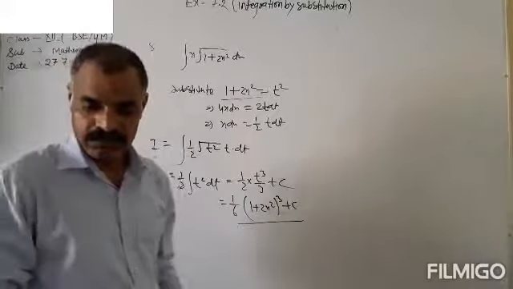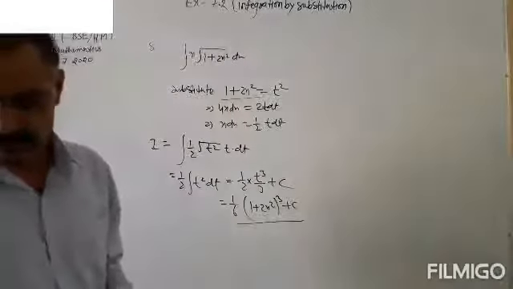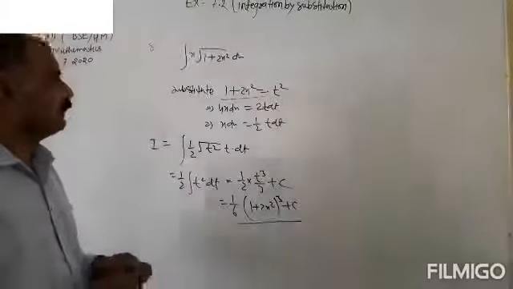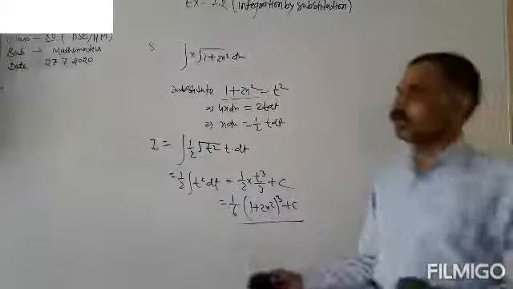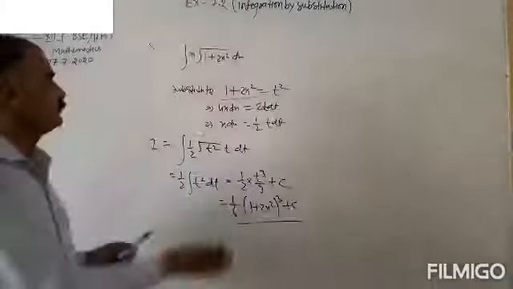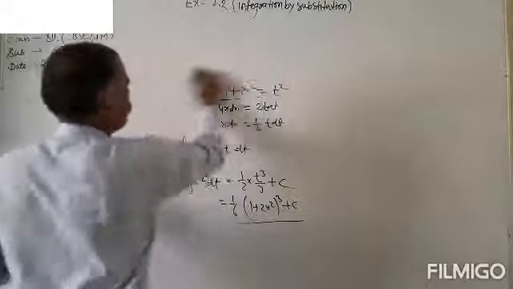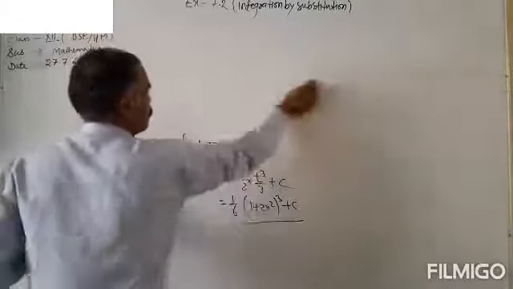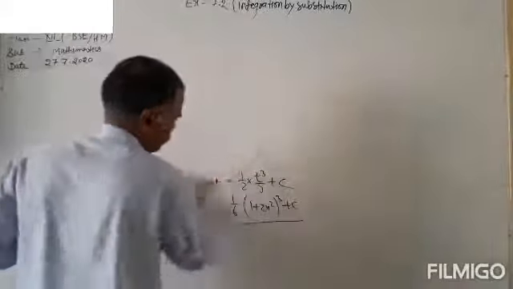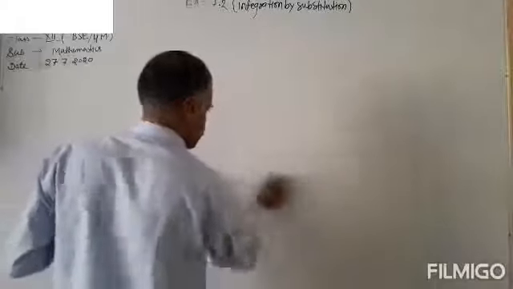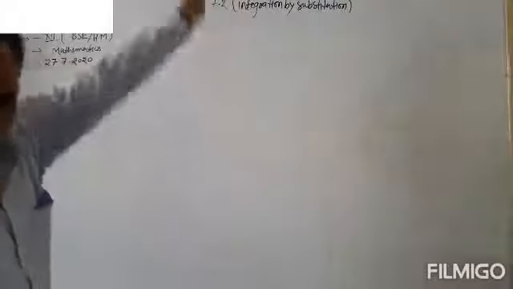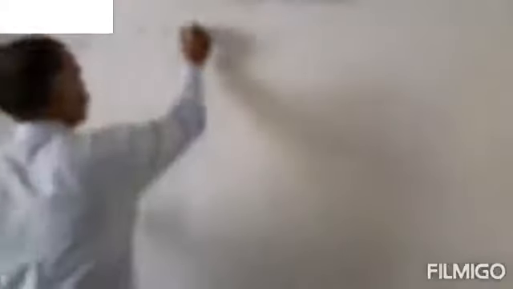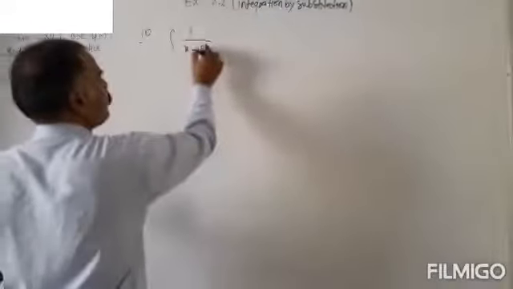So now let us take the next question, question number 10. Question number 10 is integration 1 by x minus under root x, dx.